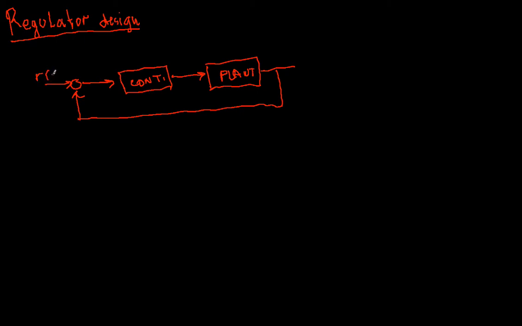So given some R of t reference signal that we compare with the measurement from the plant, the question is: how do we design a regulator or controller such that the closed loop system is stable?